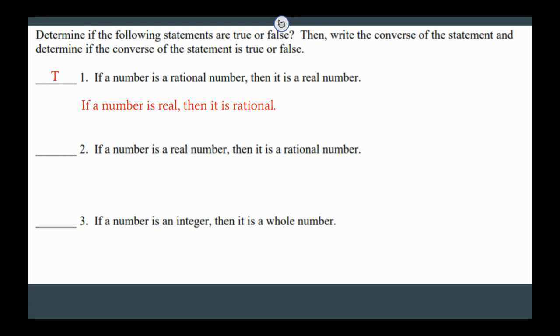Is that a true statement or a false statement? False. Agreed. That one is not true. That would be false. Okay? I want you to do the same thing for number 2 and number 3.